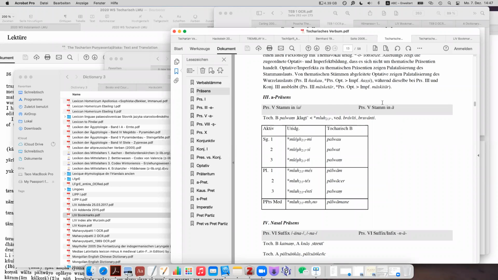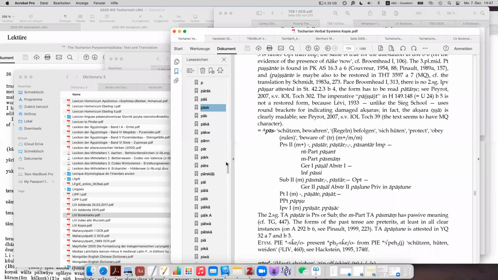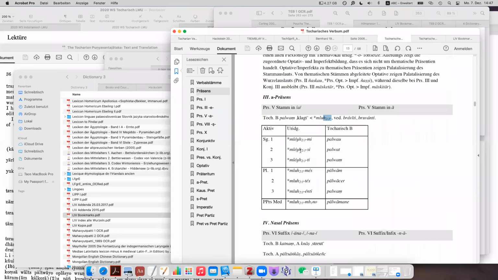So it's the same R here and the last long R in Tocharian A. They all go back to the so-called set root, and in Tocharian we call it an R root. It is always marked in the dictionary.